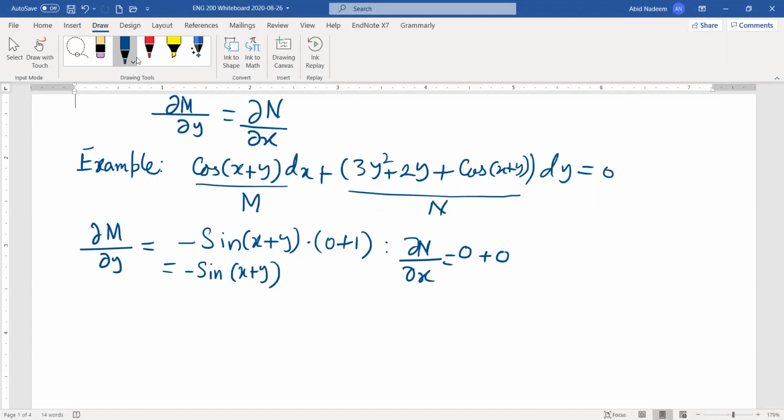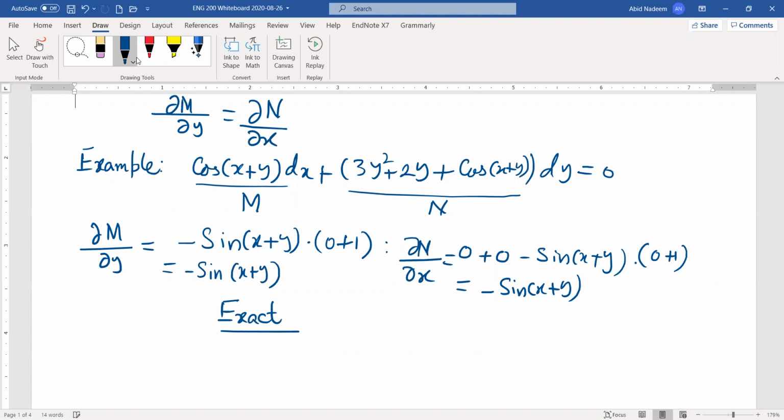For cosine of (x plus y), it is minus sine of (x plus y), same as before, with 0 plus 1. Now we can see that partial M over partial y and partial N over partial x are both equal to minus sine of (x plus y). So we say that this equation is exact.